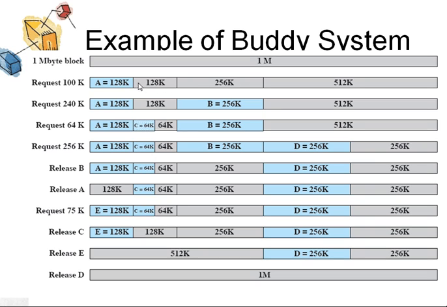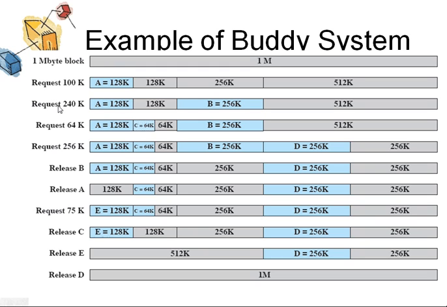Then 256k is again divided into 2 equal portions, 128k and 128k. And process A occupies 128k. Since the request is 100k, it cannot be divided further, because if we split this, we will get only less than 100k of free block. So we will use this.